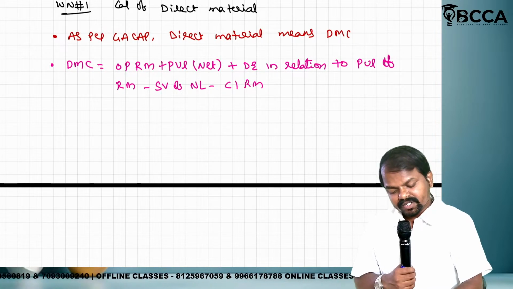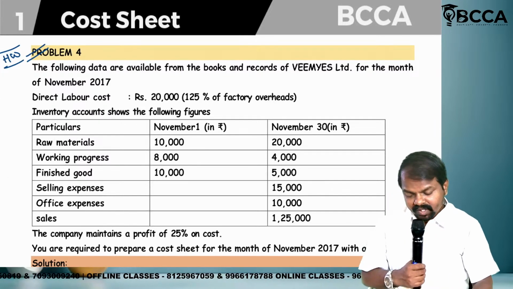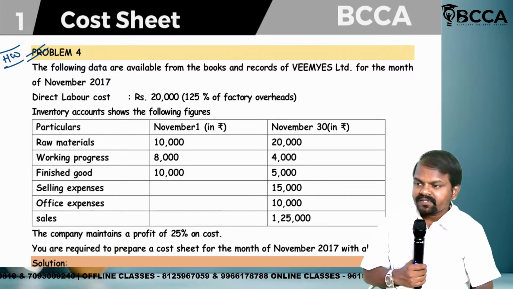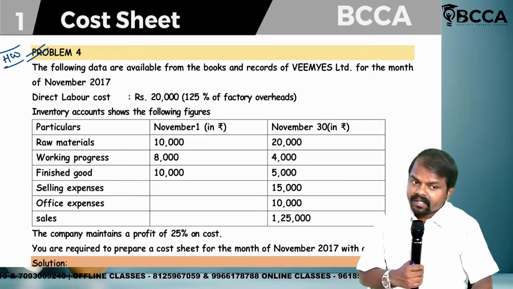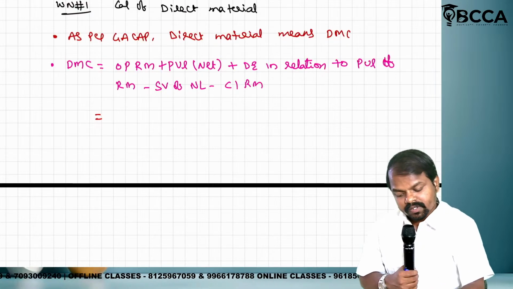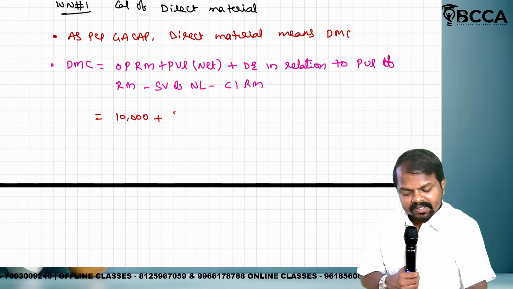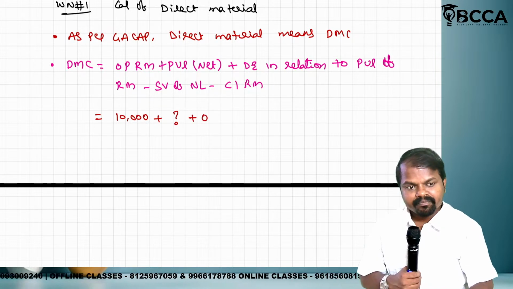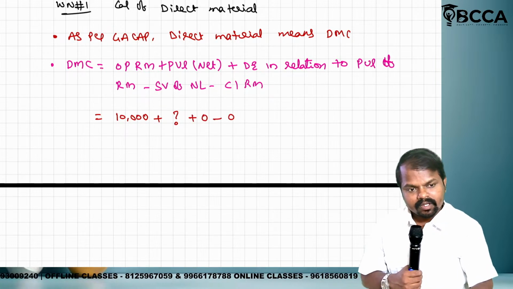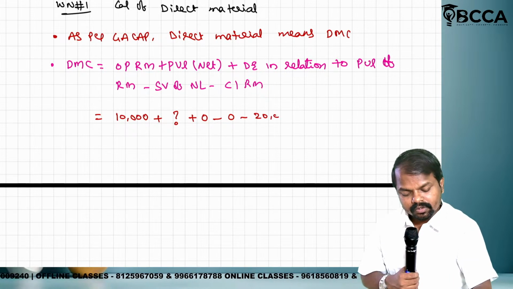Is it correct? Please check. Opening stock of raw material is there? Yes. How much? 10,000. Closing stock of raw material is there? Yes. How much? So opening stock of raw material 10,000 plus purchases we don't know plus direct expense is not given, minus salvage value not given, meaning 0, minus closing stock 20,000.